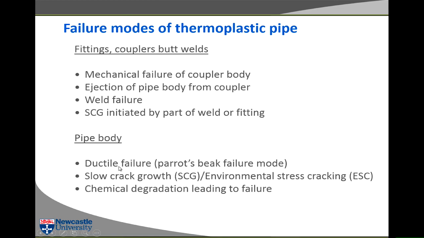In the pipe body, you can have ductile failure, that's the parrot's beak. You can have slow crack growth. Environmental stress cracking is slow crack growth in the presence of a solvent. There are various environmental components which you can get in pipes which affect and accelerate slow crack growth. In fact, with most thermoplastics, you will find that there are certain classes of fluids which affect their behavior.